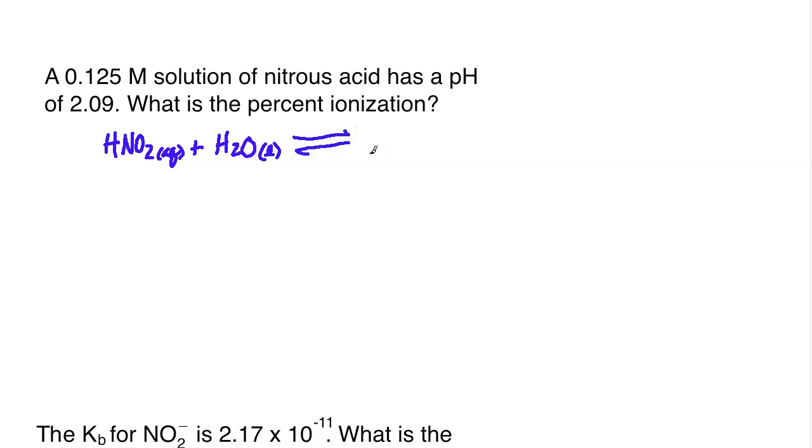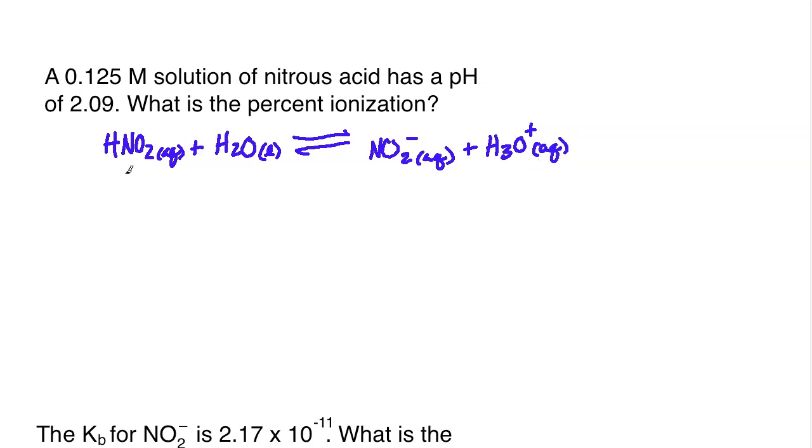We can set that equal to its conjugate, NO2-, an aqueous ion, plus H3O+, aqueous.